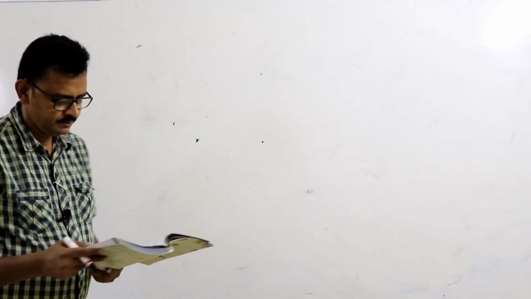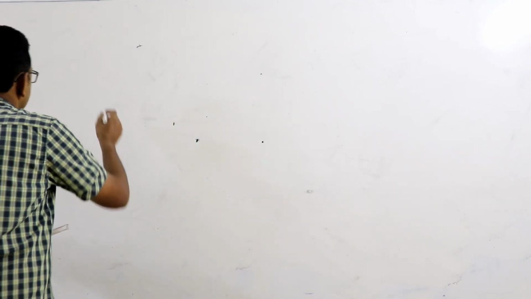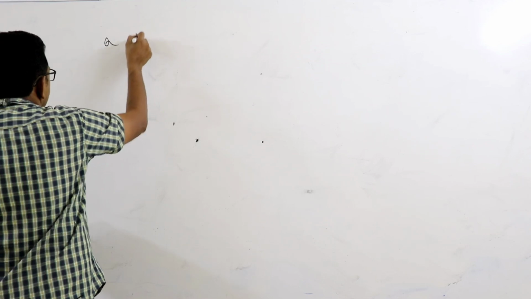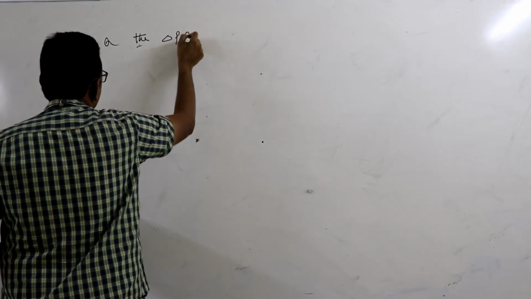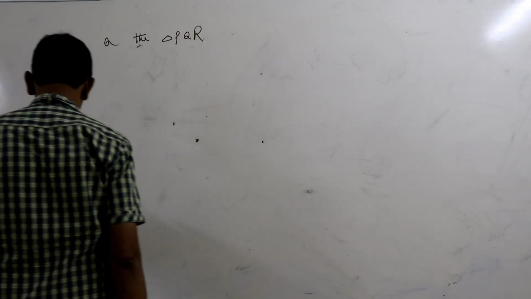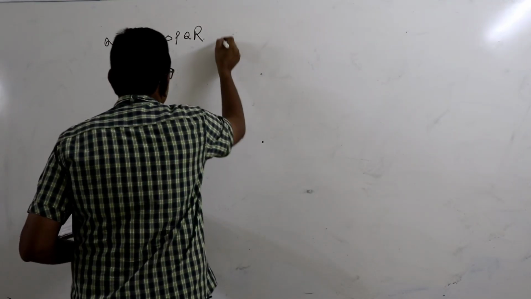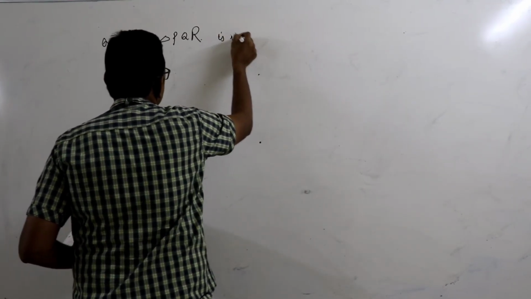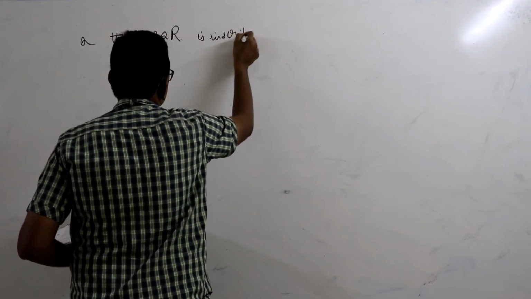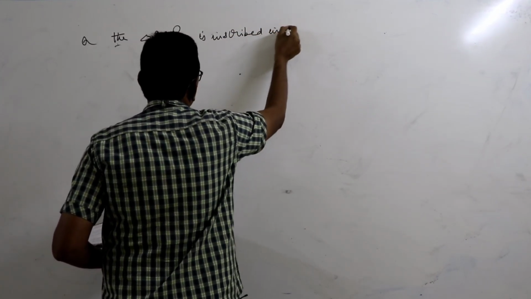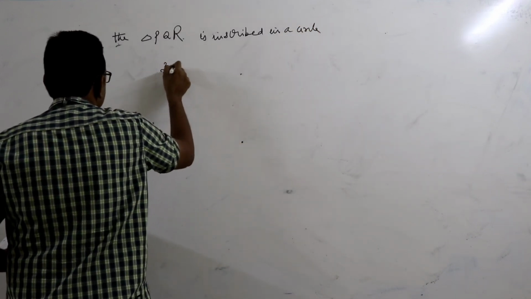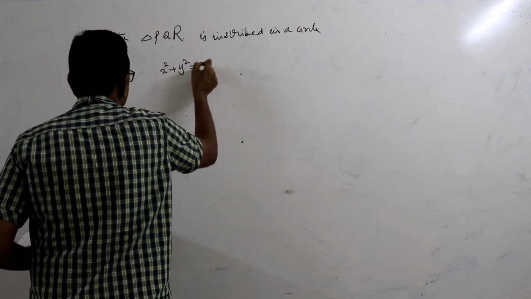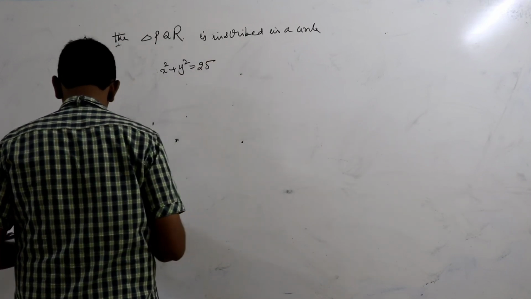Next problem. The triangle PQR is inscribed in a circle x square plus y square is equal to 25.